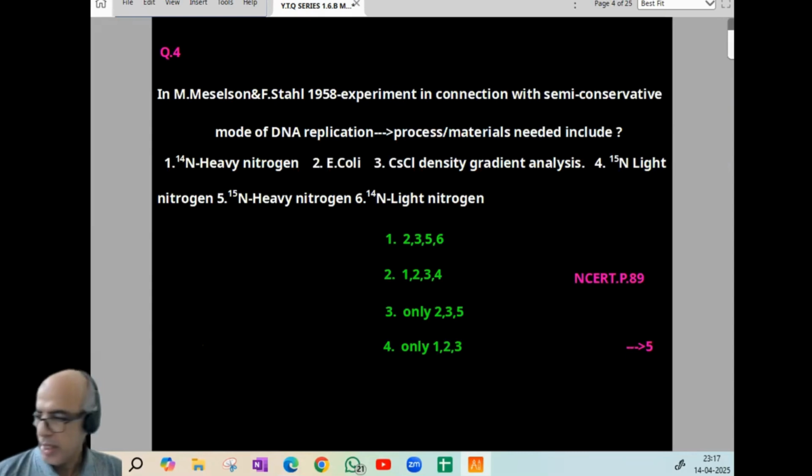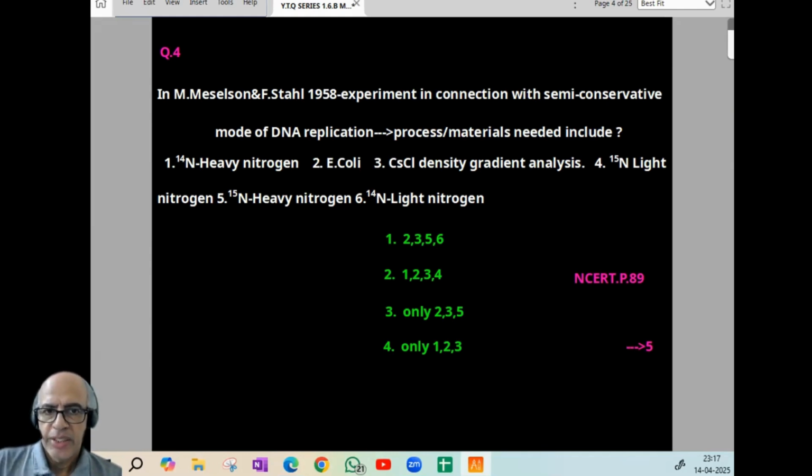In the Meselson and Stahl 1958 experiment, in connection with the semi-conservative mode of replication, the processes involved and materials needed, etc., the totality of the components of the experiment. First is N14 heavy nitrogen. N14 is there, but it is not heavy. Second is E. coli, E. coli is needed.